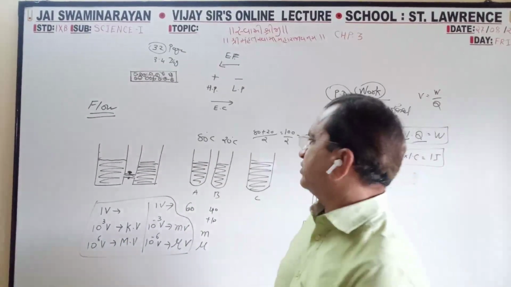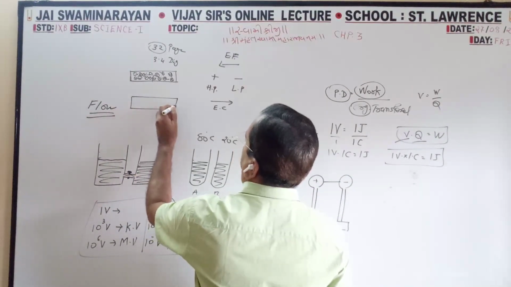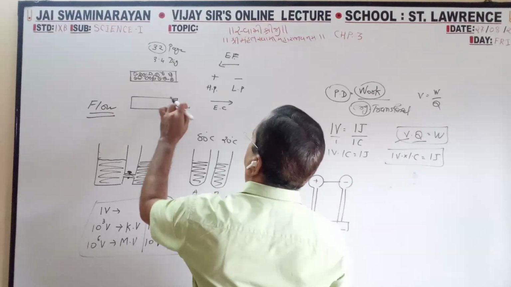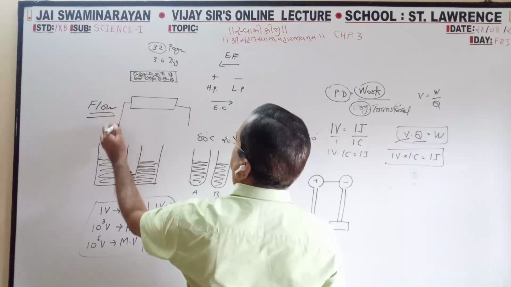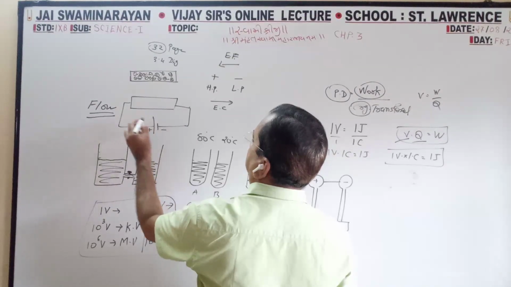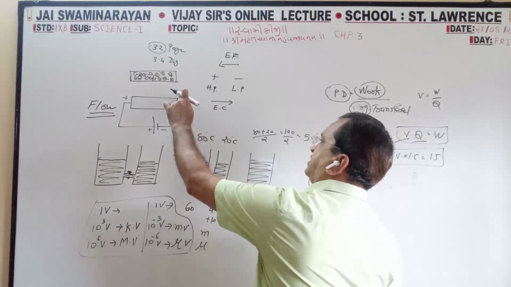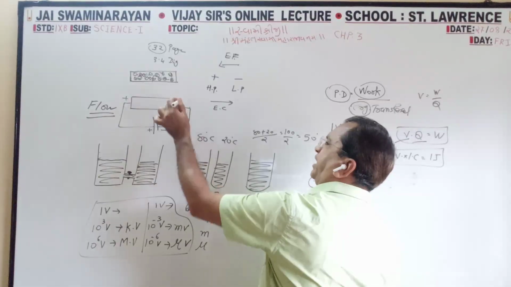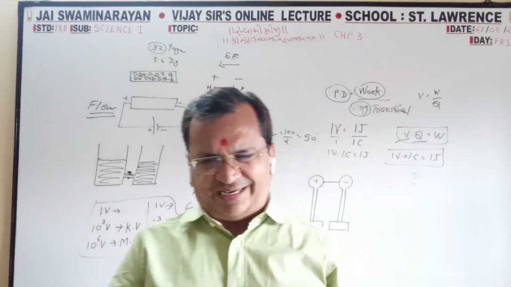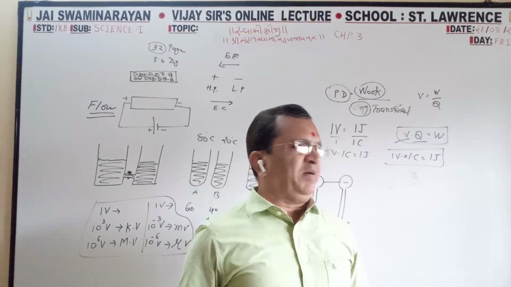When it becomes a part of a circuit, when a battery is connected, positive and negative, this is positive, this is negative. Previously it was just a piece of wire, now that piece of wire is connected in the circuit, part of the electric current.